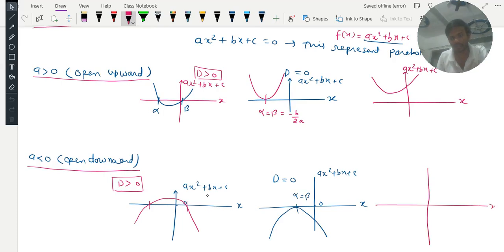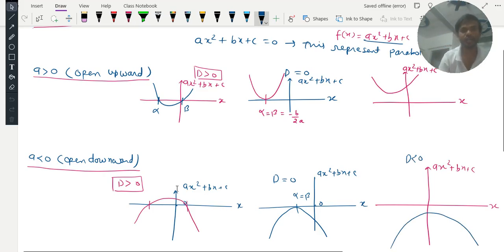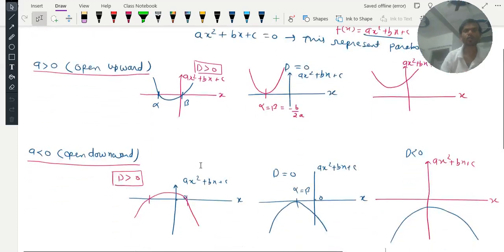This is the x-axis and this is ax square plus bx plus c. If D is less than 0, it means this neither cuts nor intersects the x-axis. So this is the graphical representation of a quadratic equation.